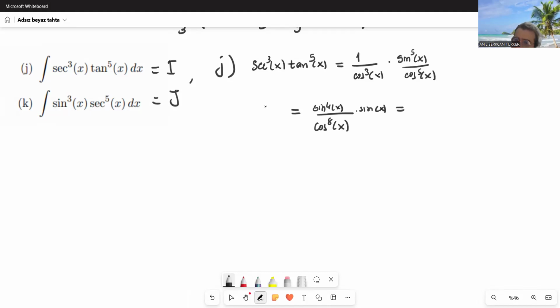It can also be written as 1 minus cosine square x, squared, over cosine 8x sine x. Okay, it means that if you put your cosine x as u, then this is your du, so your integral is finished. Okay, this is method one.